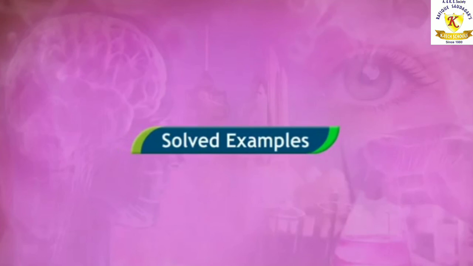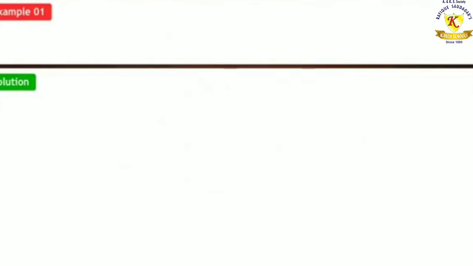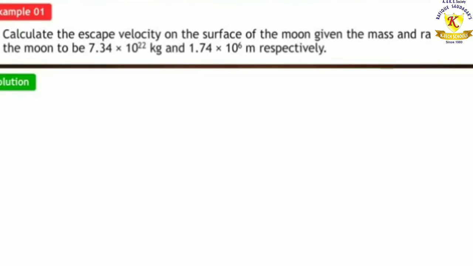Let's study solved examples. Example number 1. Calculate the escape velocity on the surface of the moon, given the mass and radius of the moon to be 7.34 into 10 raised to 22 kilogram and 1.74 into 10 raised to 6 meter respectively. The solution.